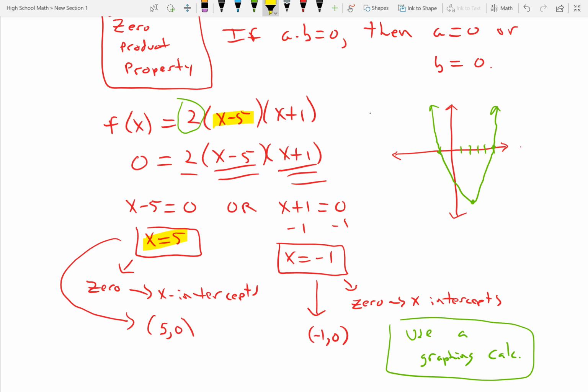Since this is x minus 5, the 0 would be x equals 5 because 5 minus 5 is 0. Since this thing is x plus 1, the associated 0 is x equals negative 1 because negative 1 plus 1 is 0. These x values map to 0. These x values give you these points. (Negative 1, 0) is a point, (5, 0) is a point.